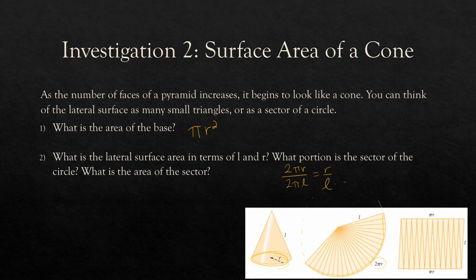And what is the area of the sector? Well, if it was an entire circle, it would be pi r squared, and our r, or our radius of this big circle, would be L. So it would be pi r squared, and r is actually L in this case, L squared.